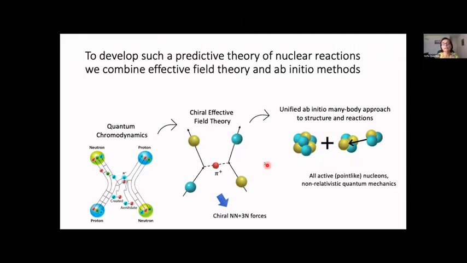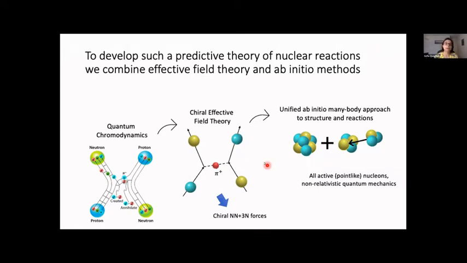But the issue becomes more complicated when we are trying to describe reactions in p-shell nuclei, and it gets more and more difficult as we move towards medium-mass nuclei and heavier nuclei.